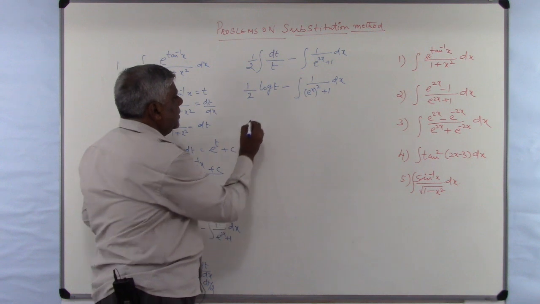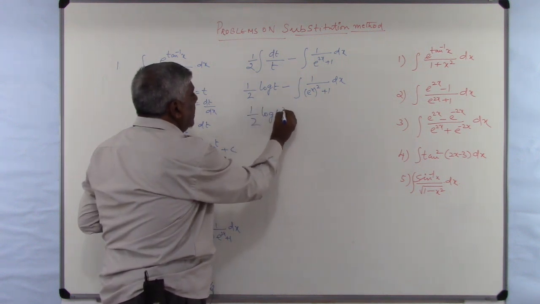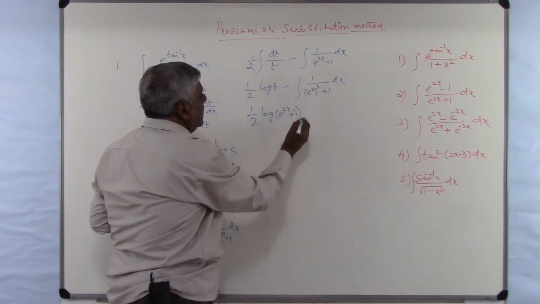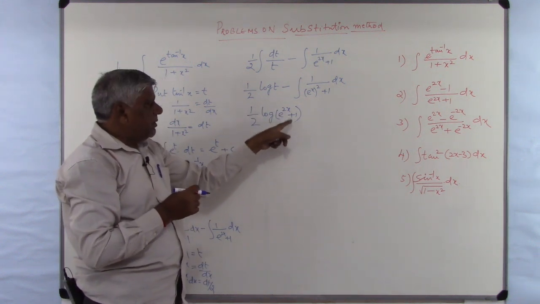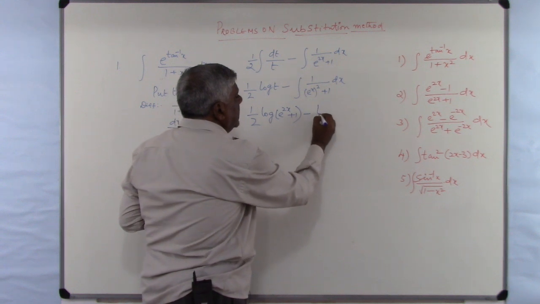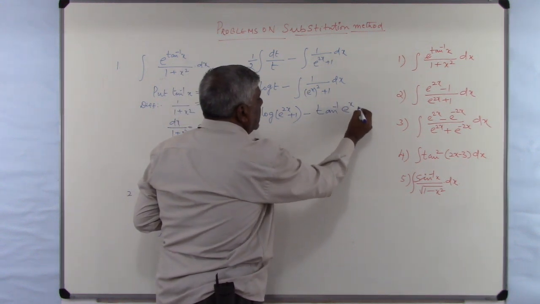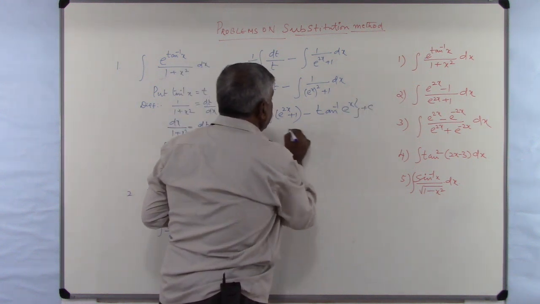Now this is equal to half of log e to the power of 2x plus 1, minus this is nothing but tan inverse e to the power of x, plus c. This is the answer.